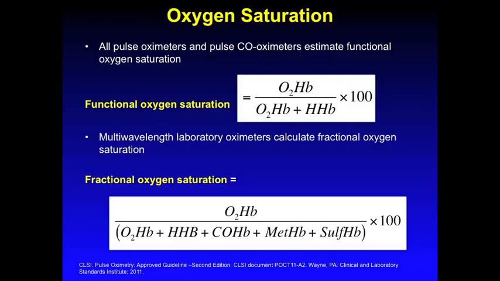All pulse oximeters and pulse co-oximeters estimate functional oxygen saturation, or the percentage of oxyhemoglobin in blood, assuming there is no dyshemoglobin species. In contrast, multi-wavelength laboratory oximeters calculate fractional oxygen saturation, wherein dyshemoglobin contributes to the denominator or the total hemoglobin calculation.